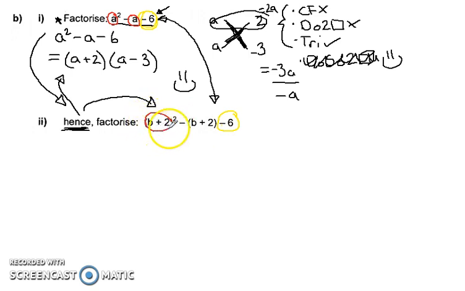Do you see that I've got b plus 2 and b plus 2? So they've replaced the a with the b plus 2. In other words, it's exactly the same problem. Can't you see? Instead of a's, they've tried to make it look difficult by putting a bracket of b plus 2.